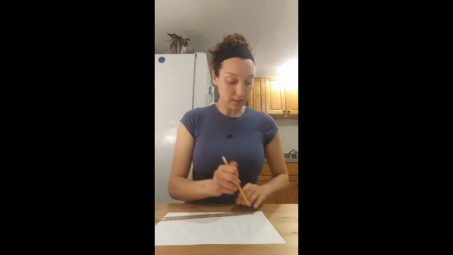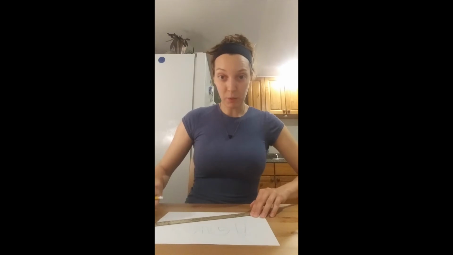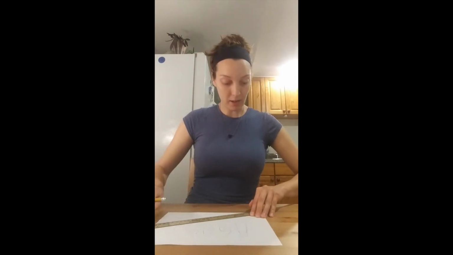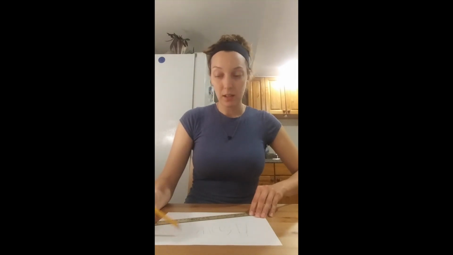All right, so then I'm gonna take that straight edge that's right up against that dot, and I'm going to take the other end of my ruler, and you see how I can spin it around by holding that one edge of the ruler right in that spot. You're gonna match it up with each edge of the letter.